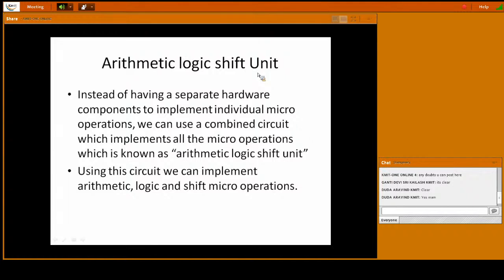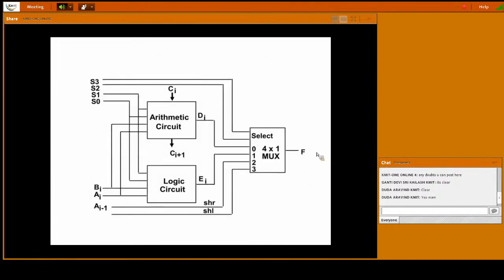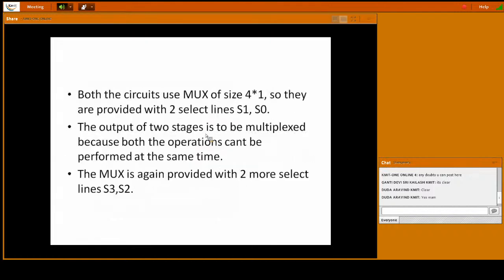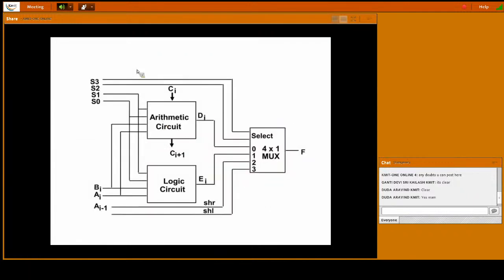Now we'll see the hardware implementation of this unit. It requires one stage of arithmetic unit and one stage of logic unit.